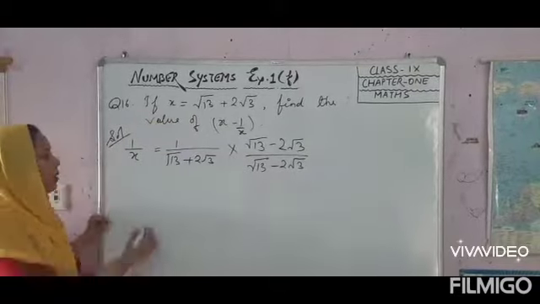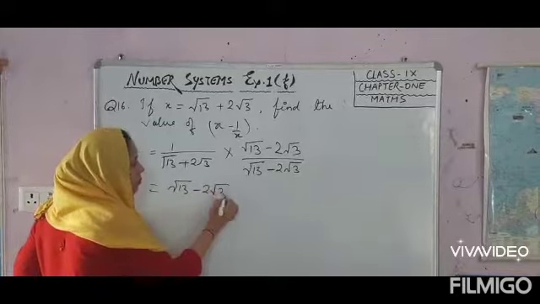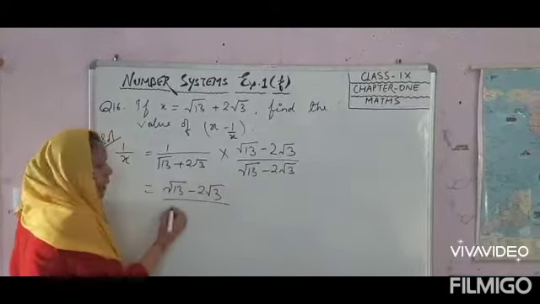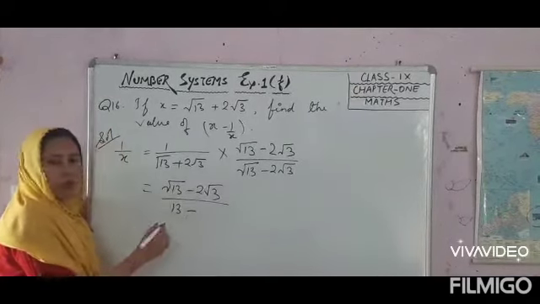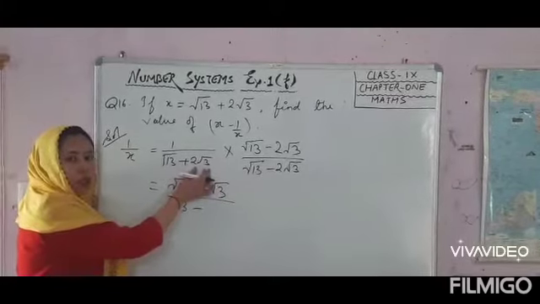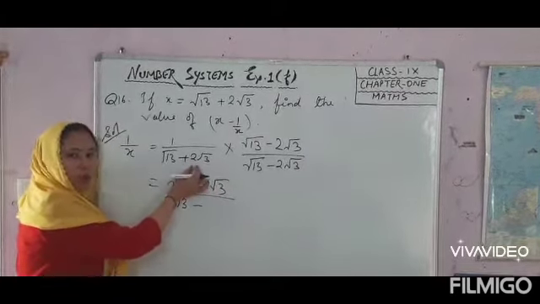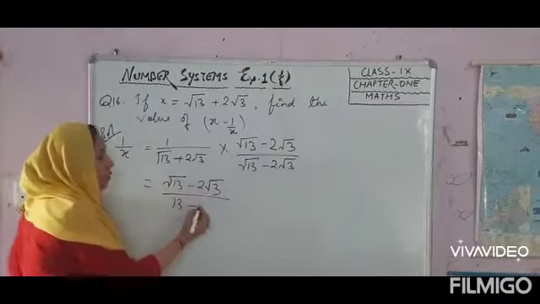Now we will multiply it. (a plus b)(a minus b) gives a square minus b square. Root 13 square is 13, minus b square. 2 root 3 whole square means 2 square and root 3 square. 2 square is 4 and root 3 square is 3.